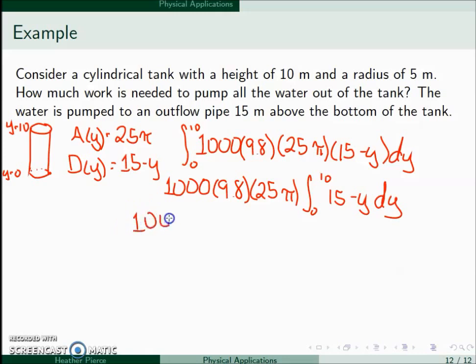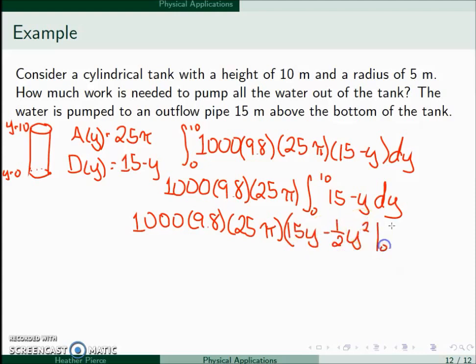So this will be 1,000 times 9.8 times 25 pi times 15y minus 1/2 y squared, going between 0 and 10.